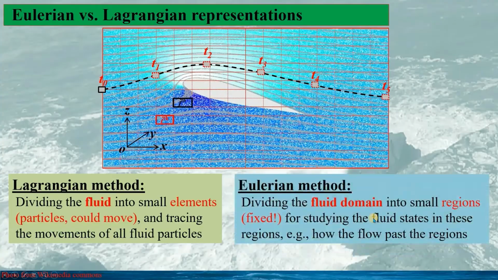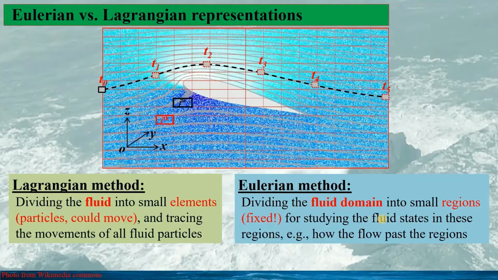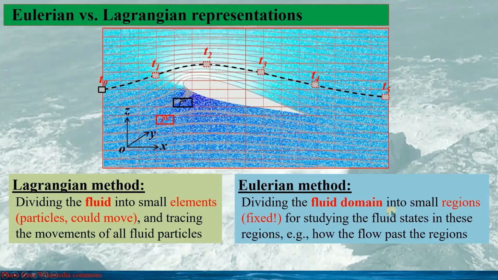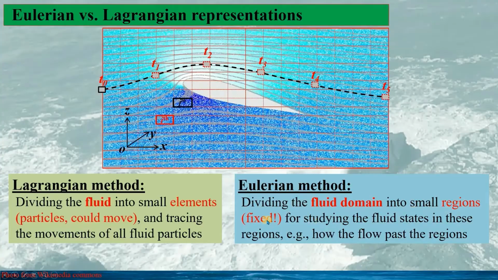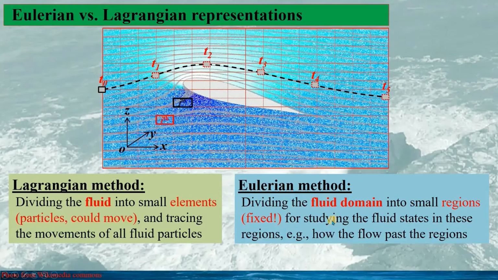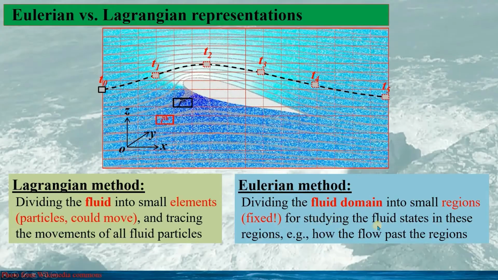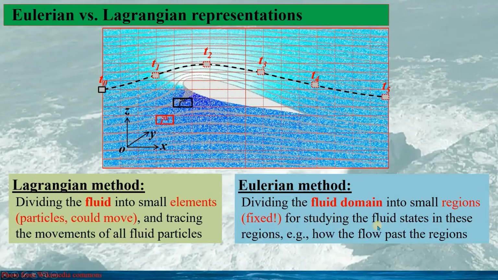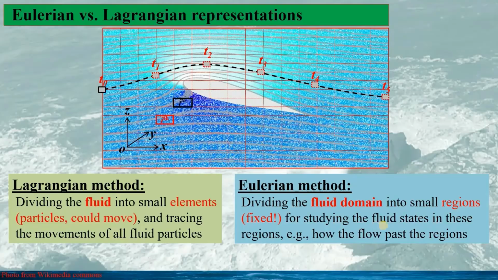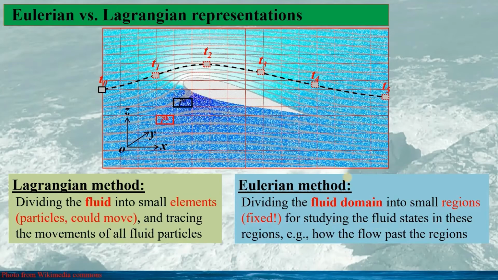While for the Eulerian method, we divide the fluid domain into small regions, and all these regions will be fixed in the fluid domain. These are used for studying the fluid states in this region, for instance, how the flow passes the regions.